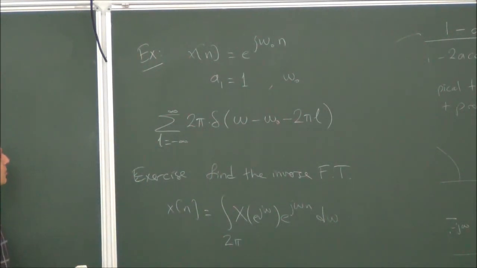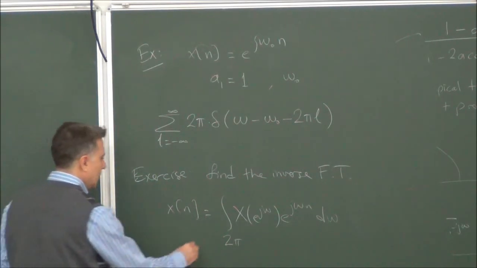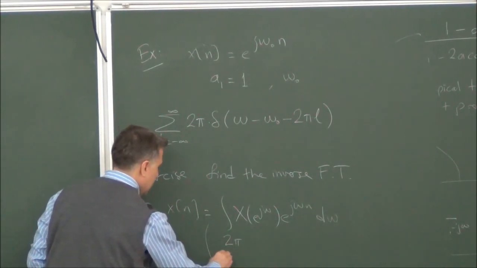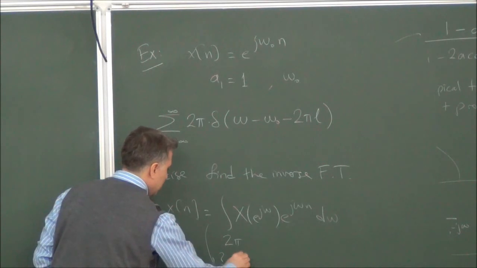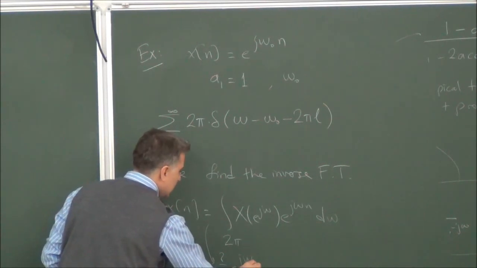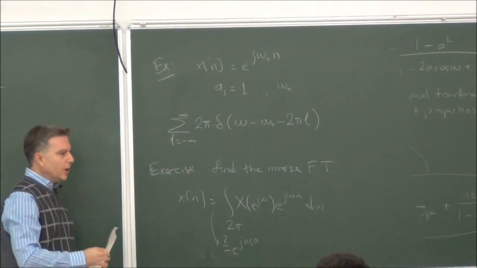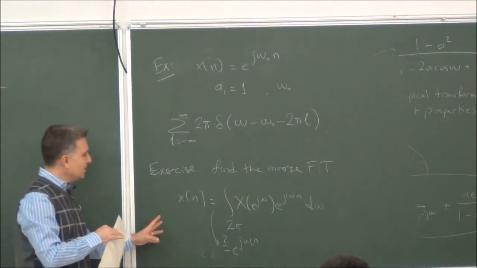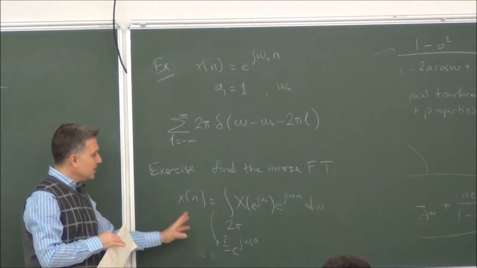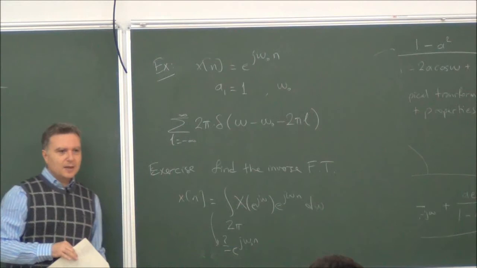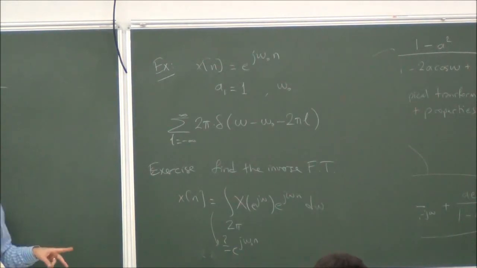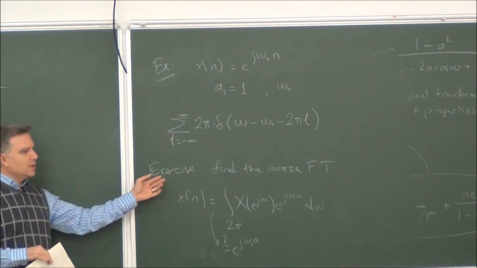Now, is this equal to e to the j omega 0 n? It certainly is. It is quite obvious. There is not even a necessity to show it, but you should be able to see it by yourselves. That's why I'm giving it as an exercise.